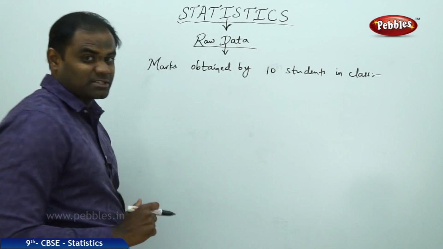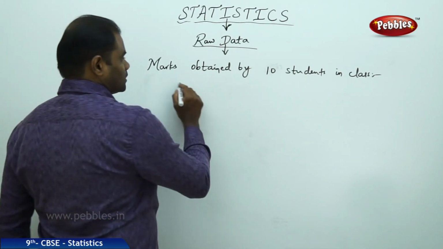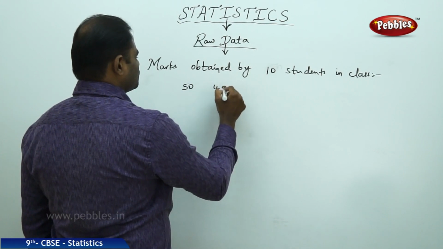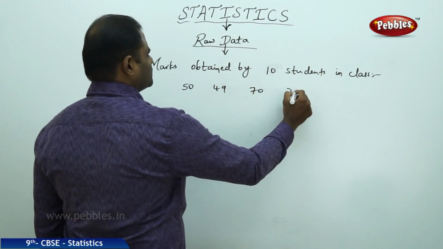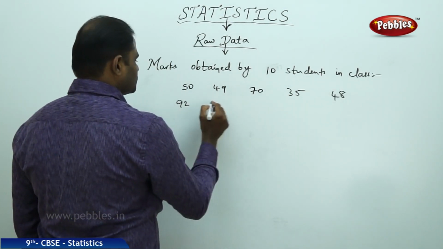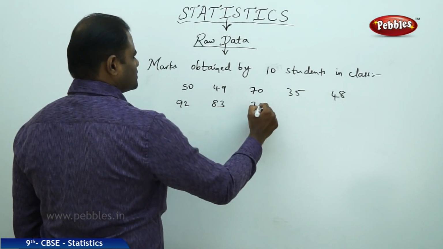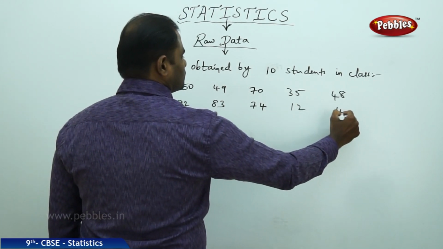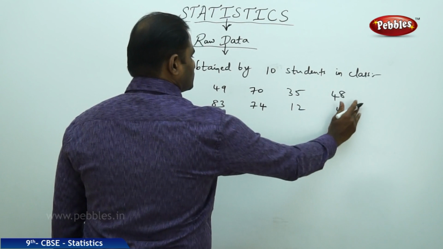Marks obtained by 10 students in class are 50, 49, 70, 35, 48, 92, 83, 74, 12, 46.